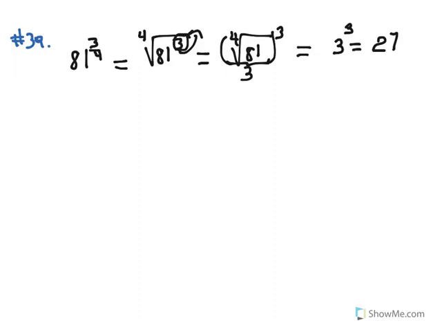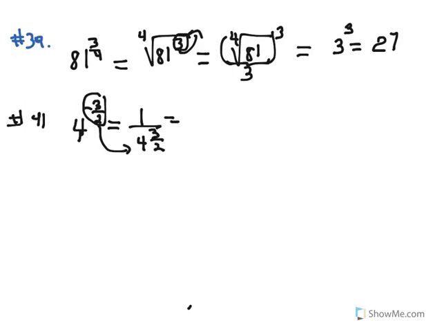Let's do now problem number 41. In number 41, I have 4 to the negative 3/2. Let's remember what we know about exponents. When we have a negative exponent, that means we move the whole thing to the denominator: 4 to the 3/2. And now I'm going to represent it as a radical.